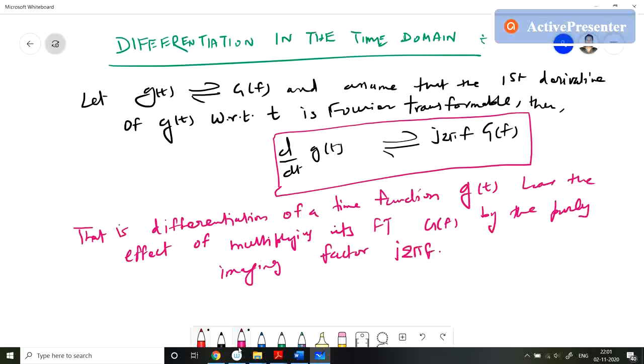So the Fourier transform of d^n g(t) divided by dt^n is equal to (j 2 pi f) raised to the power n into G(f).